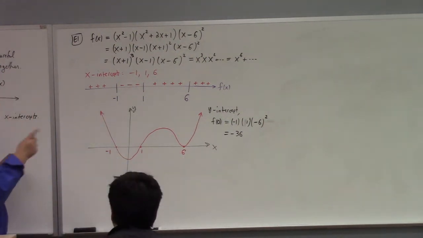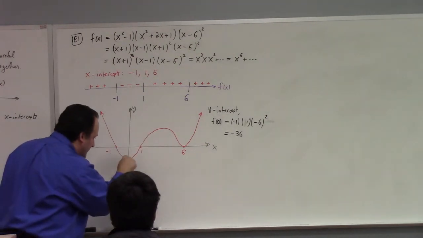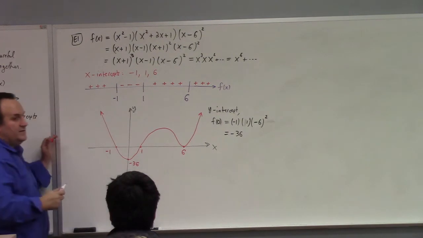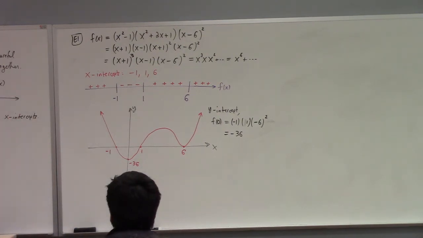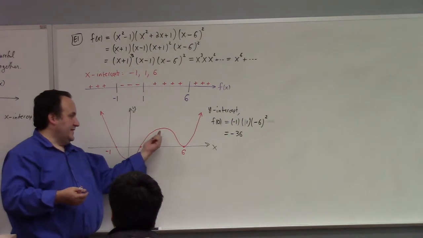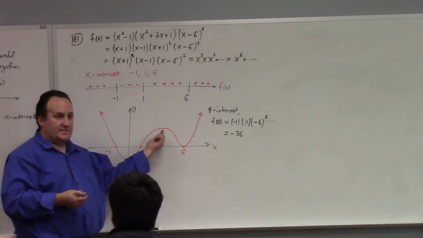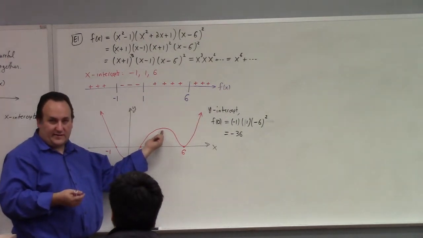Also, because we did that calculation, I can tell you that that point is at minus 36, which goes to show you the scale on the y-axis and the x-axis is not at all the same. And I actually have not been careful here. I don't know for certain where this turning point is.